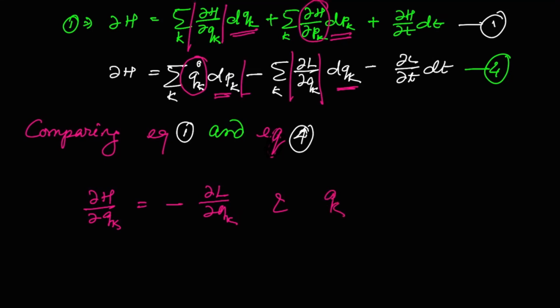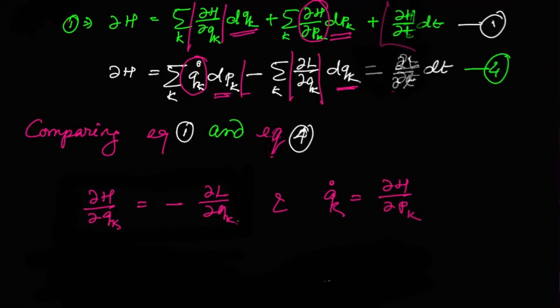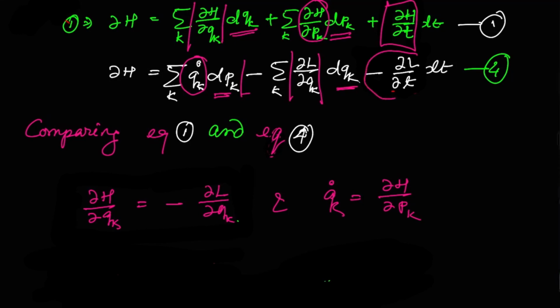Comparing the remaining terms, we got del H by del t equal to minus del L by del t.